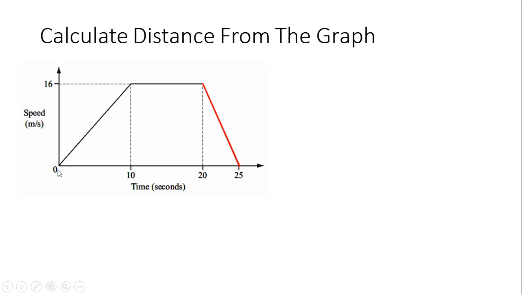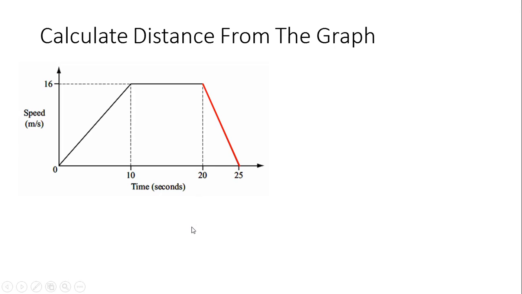So it accelerates from here to here in 10 seconds, and it forms a triangle. After that, it maintains the speed for 10 seconds. That's why the line is very flat, and it creates this rectangle.